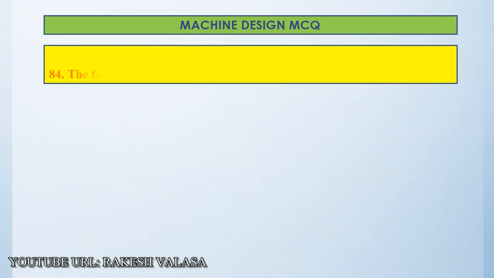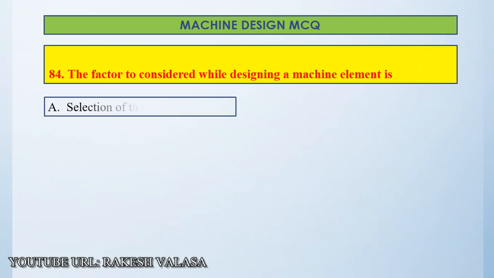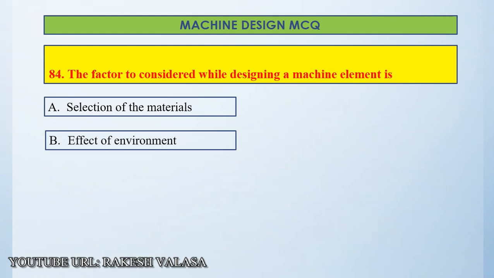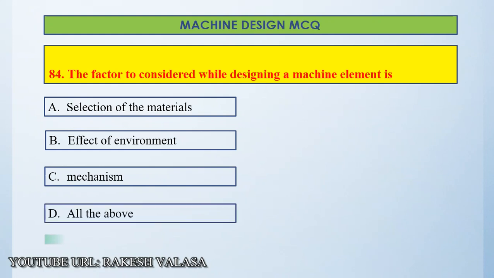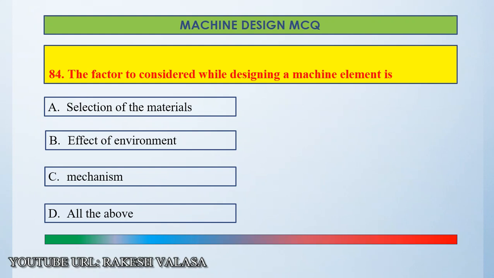Question number 84. The factor to consider while designing a machine element is option A selection of the materials, option B effect of environment, option C mechanism, option D all the above. The correct answer is option D, all the above. Let us see the explanation.